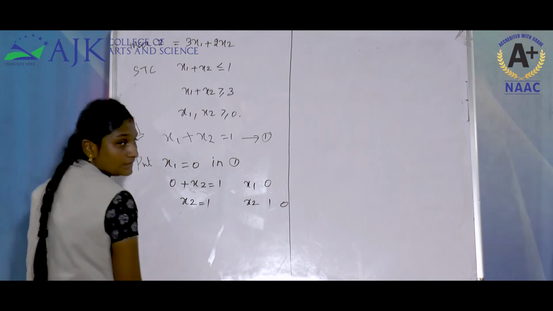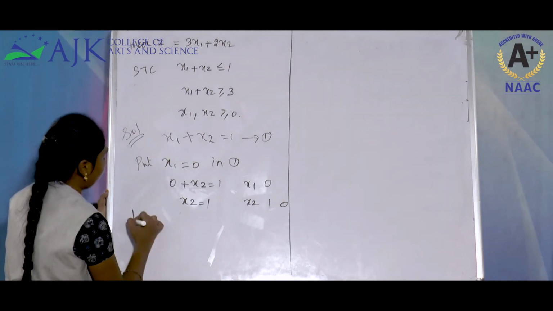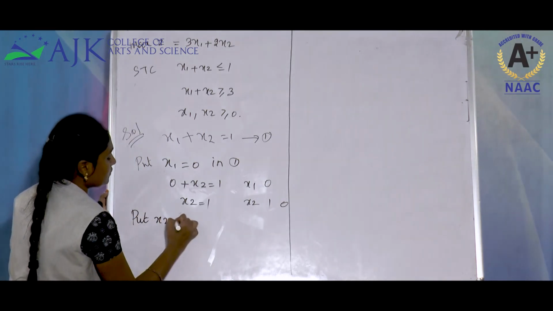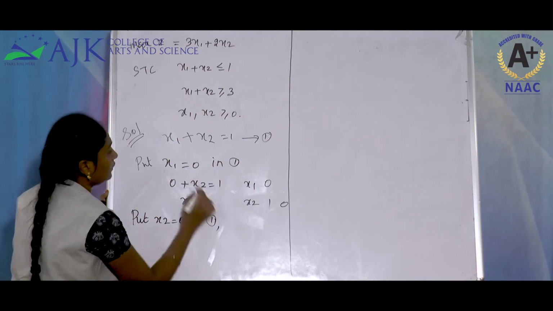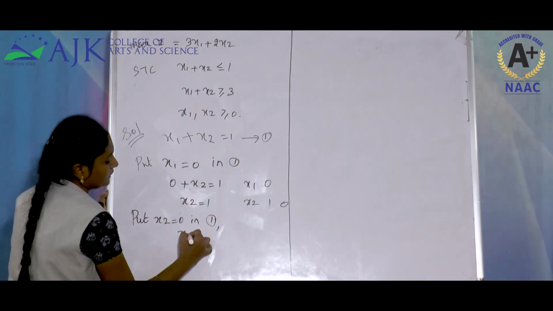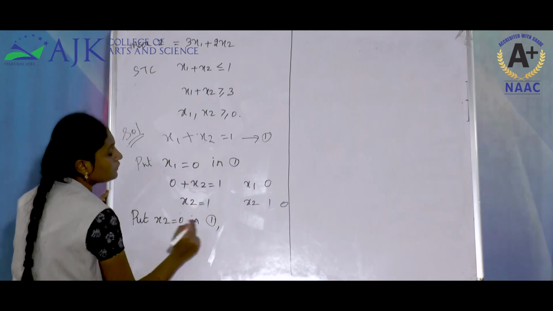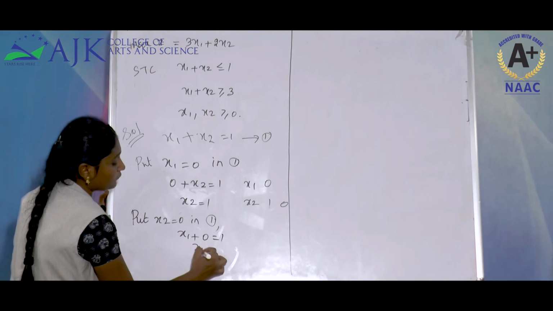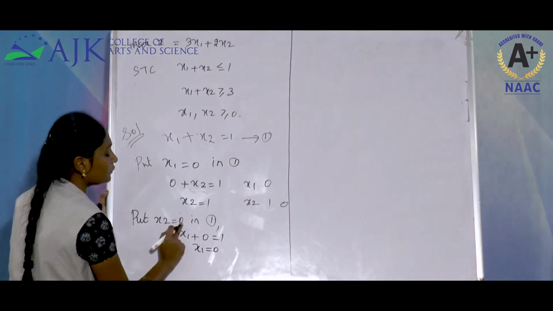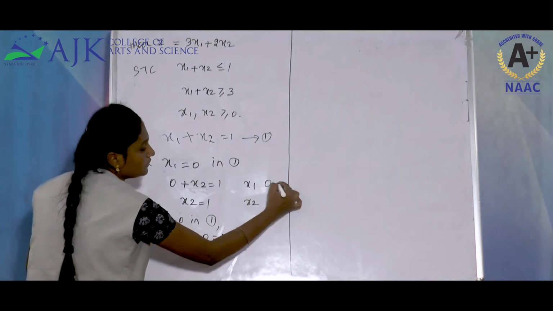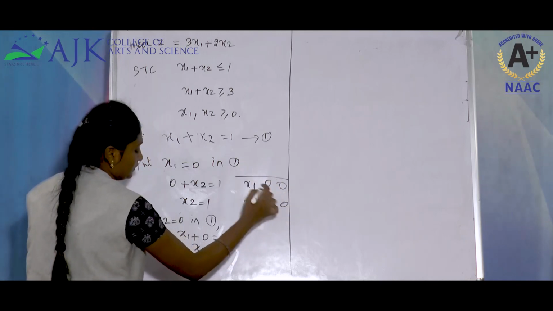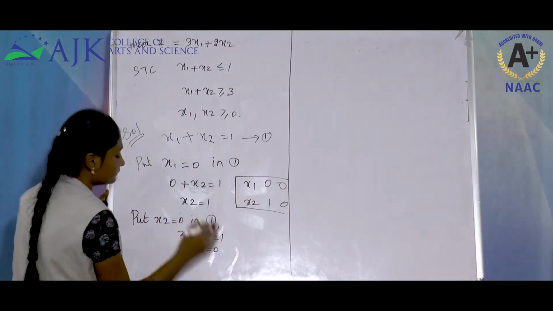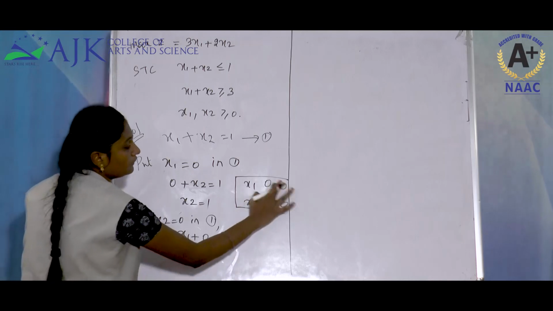Similarly, put x2 as 0. So, put x2 is equal to 0 in 1. So, x1 plus 0 is equal to 1. That is x1 is equal to 1. I put x2 equal to 0. What is my x1? 1.